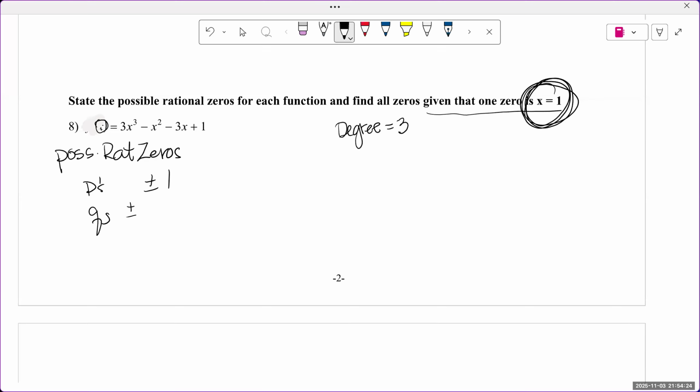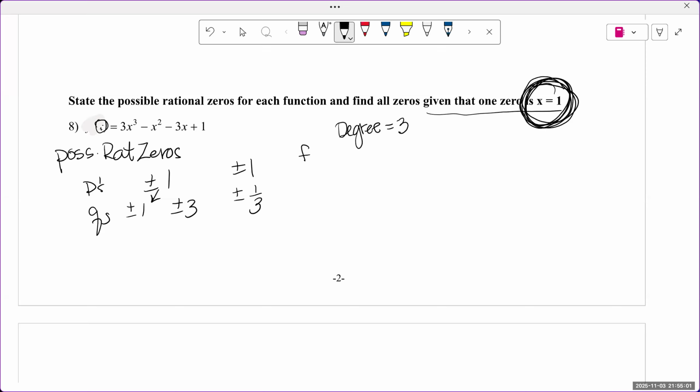The q's are ±1, ±3. And now we make fractions. 1 over 1 is 1. 1 over 3 is 1/3. Okay, so there's only 4 possibilities. 1, -1, 1/3, -1/3. And I need 3 roots, but some of them might be complex. And so we don't know. We're going to find out. But I know that one of the zeros is 1.